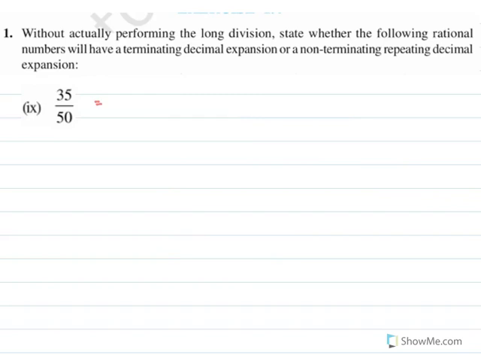35 over 50. First reduce it, always reduce. 7 over 10. So the denominator Q is 10, that is 2 raised to 1, 5 raised to 1.